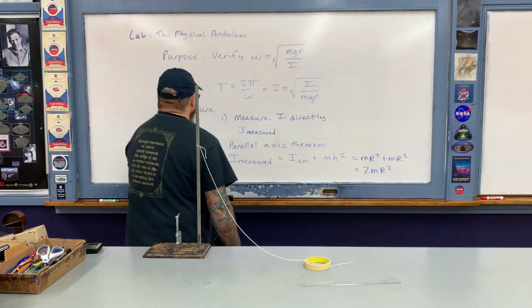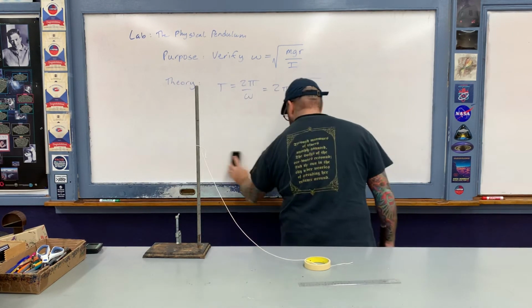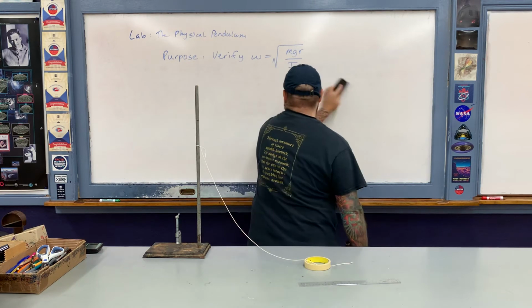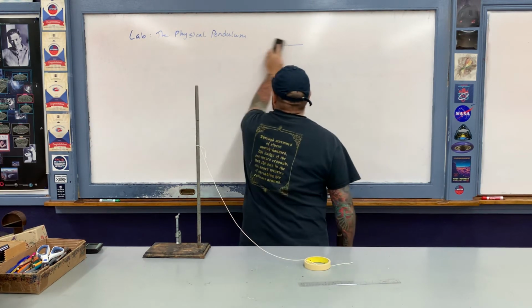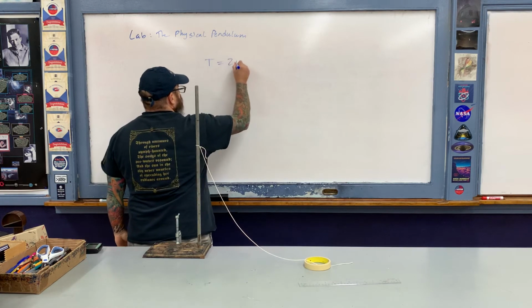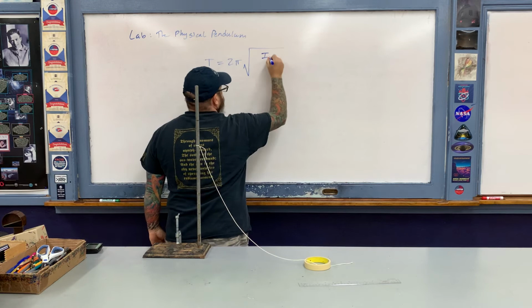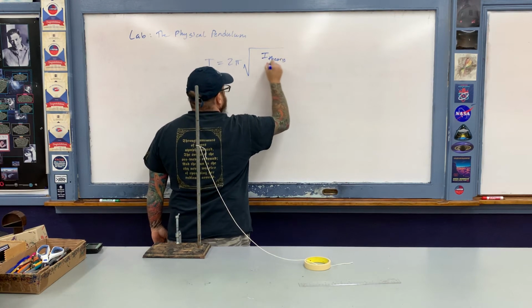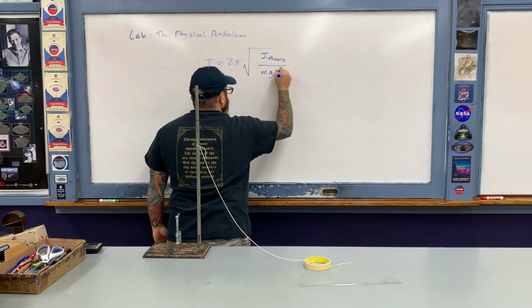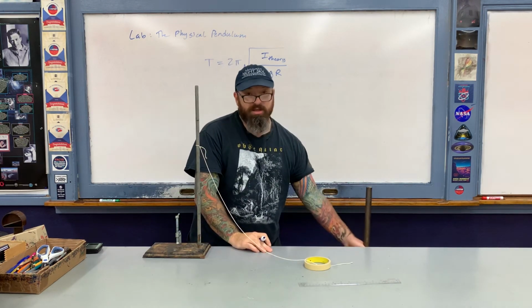So let me do a little bit of erasing here. So now what we're going to do is we're going to set the period capital T equal to 2 pi times the square root of I theory divided by mg times capital R. What you then do is just calculate I theory.